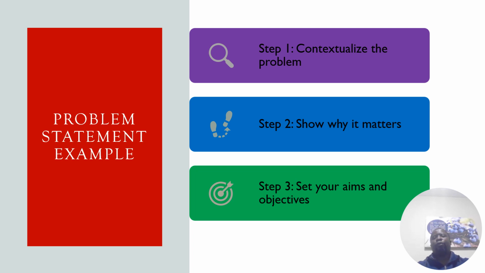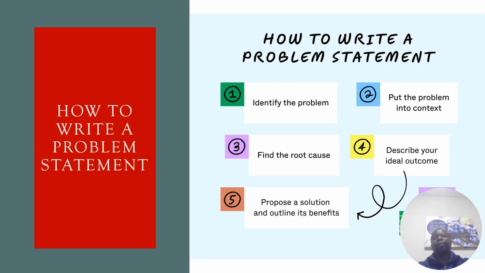Then step number 2, show why it matters. Why does your research problem, or studying that problem, matter? Then step number 3, you are setting your aims and objectives. What exactly you intend to go and do in the field. And the 4th step is the research question, of course, and the alternative, optional one is the hypothesis.